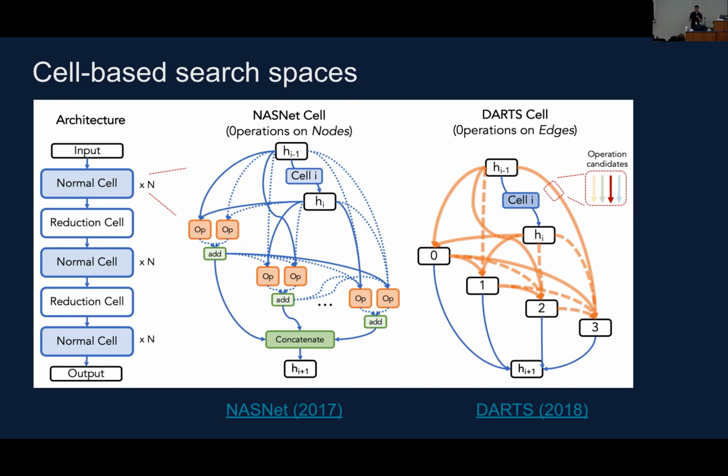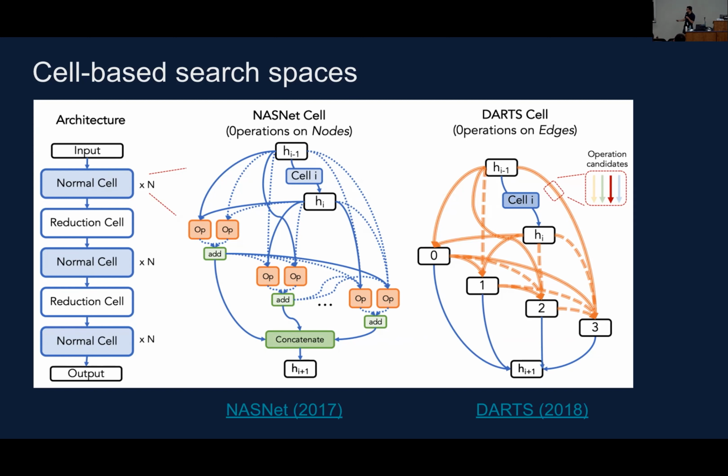And this intuition is borrowed from human designed architectures that tend to have quite a lot of repeating parts throughout the architecture. Okay, so these are used quite a lot in NAS research and in practice because the search algorithms can find strong architectures, and we get the full power of a big architecture.